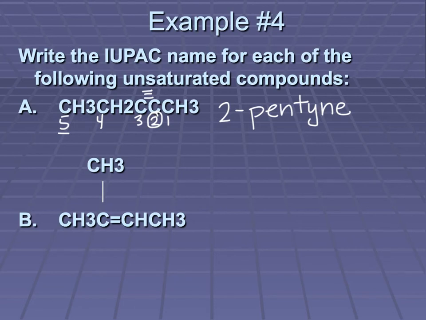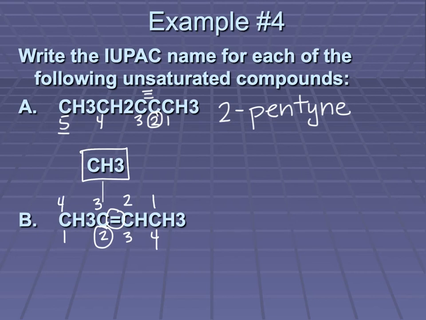Now we just have to figure out which direction to count it. We can count it this way. 1, 2, 3, 4. If we count it that way, off of number 2 is the branch and the double bond. So that's a good possibility. Or if we count it the other way, 1, 2, 3, 4.